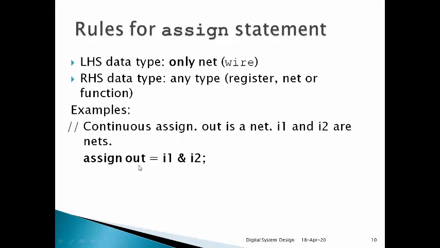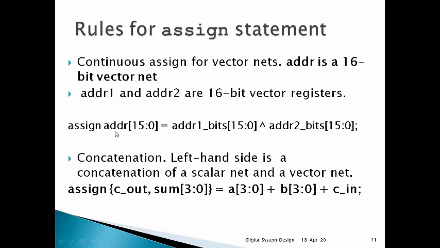Out should be net data type, and these are net or other data types, but out should be net data type. Here this 16-bit address variable should be net data type, and these may be net or other variables, and here concatenation is used, but sum and cout should be net data type.